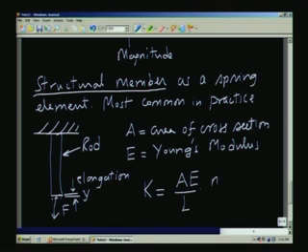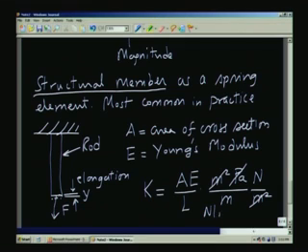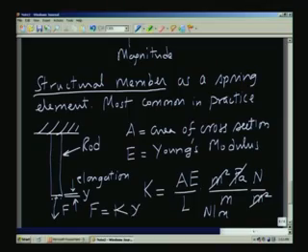A is in meter squared, Young's modulus is in Pascal, that is Newtons per square meter. This meter square will cancel. So, Newtons per meter. So, F equal to K times y, K is in Newtons per meter. So, it is a spring constant.